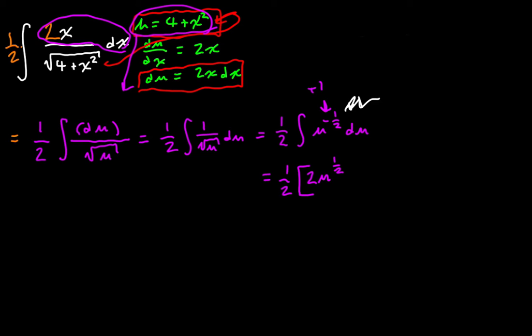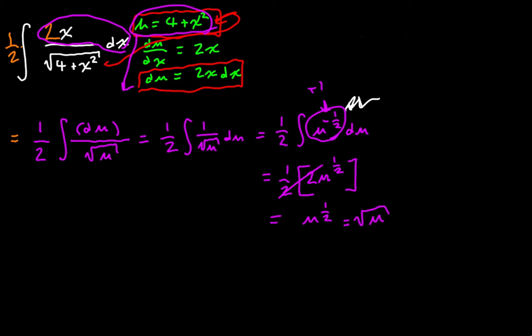2u to the 1/2, just multiply, to take the derivative, just multiply by the exponent, 1/2, that's going to cancel out the 2. Then subtract 1 from the exponent, we have our function here. Okay, so now our 2's are going to cancel out. We're going to get that our integral is u to the 1/2. And that's kind of neat. That's pretty simple. That's just the square root of u.